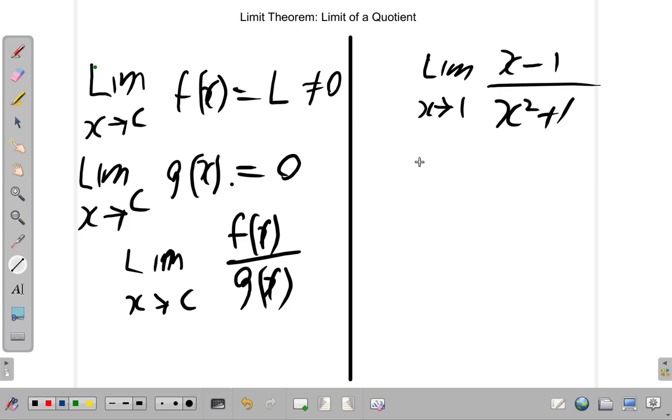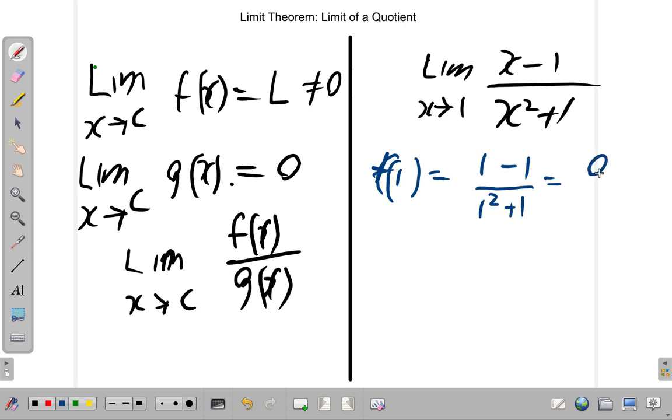As x tends to 1, then f of 1 would be equal to 1 minus 1 divided by 1 squared plus 1. 1 minus 1 is 0. 1 squared is 1. 1 plus 1 is 2. Okay, so the limit is 0 divided by 2, which is 0. Good.